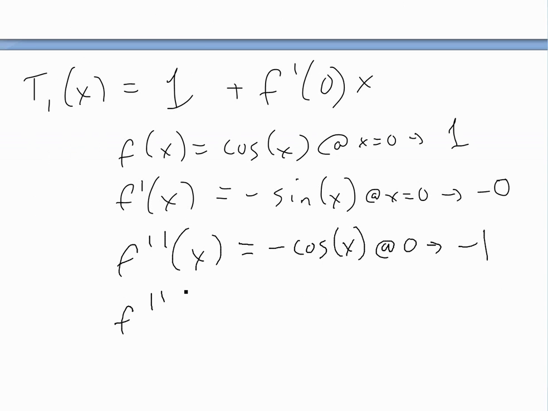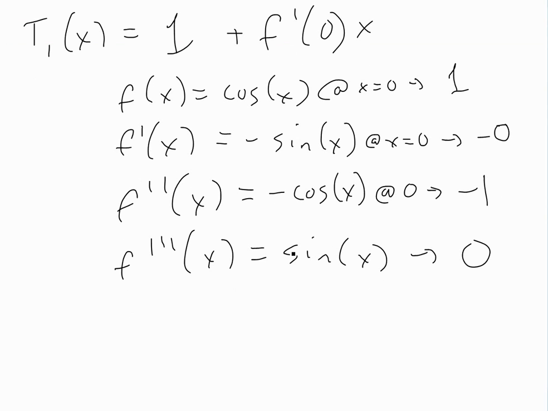If we keep going, you'll see a pattern here. f triple prime of x equals 2 sine of x, which at 0 is 0. And then the fourth derivative is equal to cos of x, which equals 1.